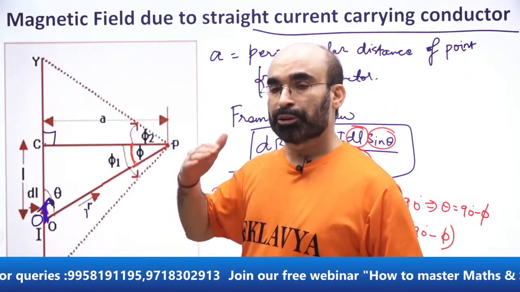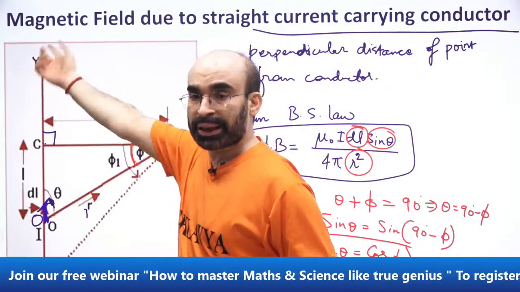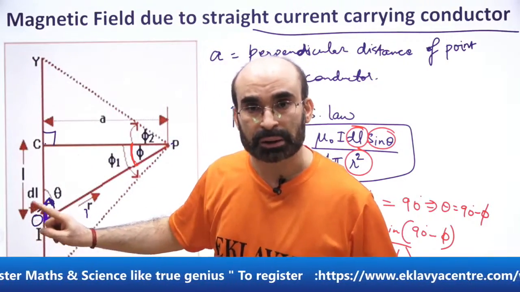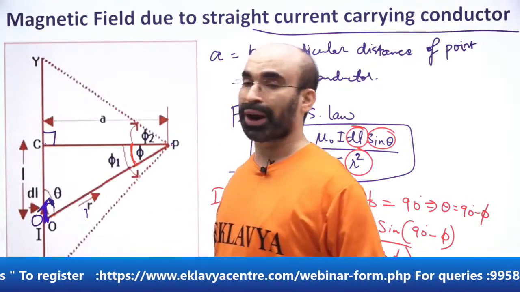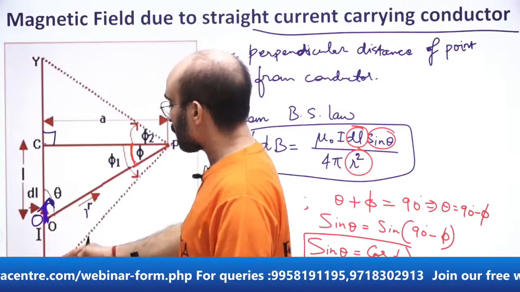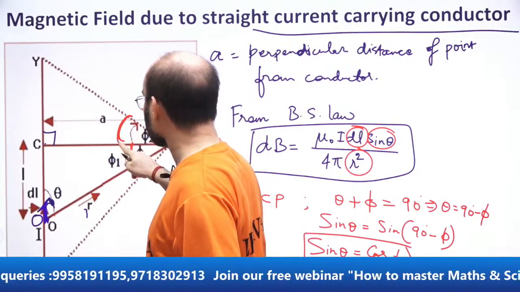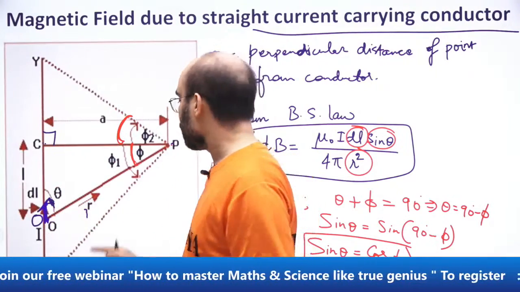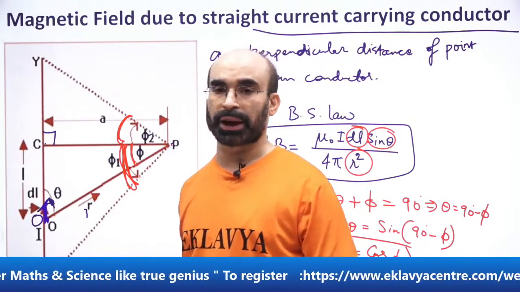Further, this end of the conductor is making phi 2 angle and this end of the conductor is making phi 1 with this point P. This we need to keep in mind. If the conductor is longer, this angle would be bigger.